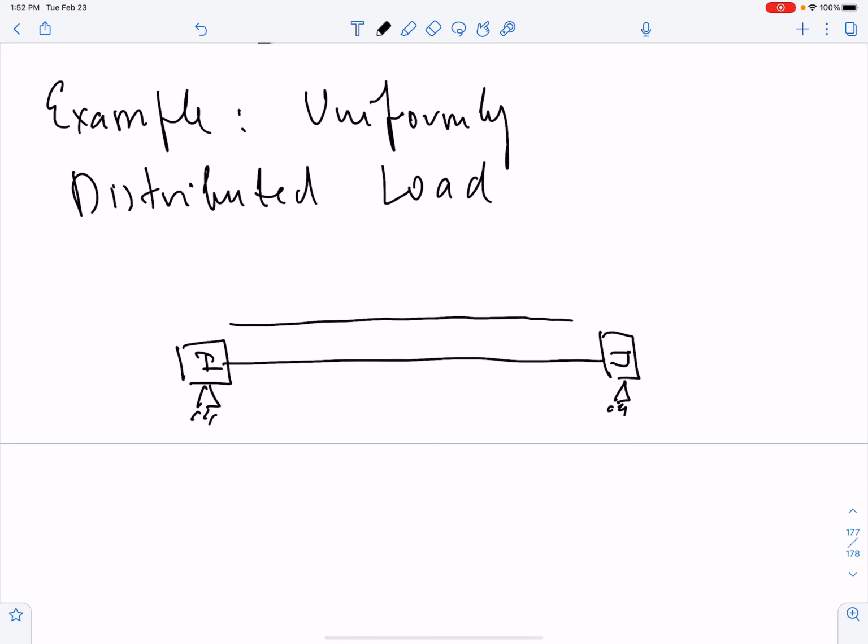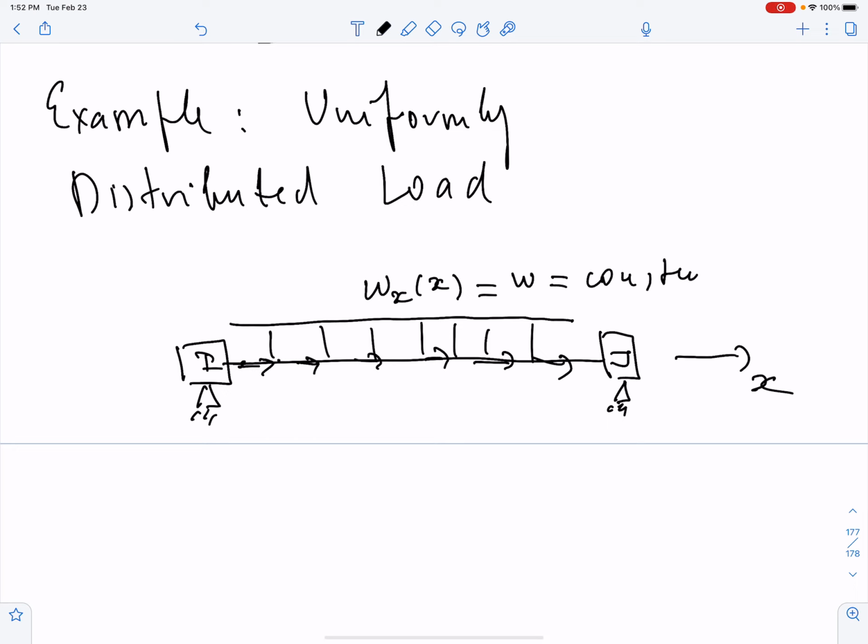So let's identify its magnitude to be constant and acting in the positive x direction. So when w is positive, we assume it's acting in the positive x direction. So this is wx of x, and it equals w, a constant.